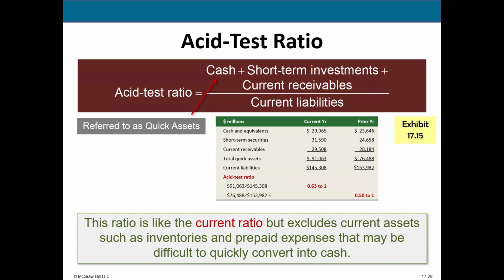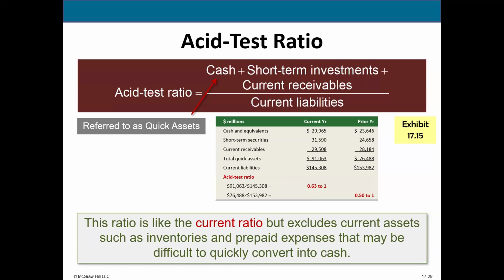So the way we compute the acid test ratio is we take cash plus short-term investments plus current accounts receivable, and we divide that by total current liabilities. Now, what that does is it tells us how quickly the company can convert things into cash.